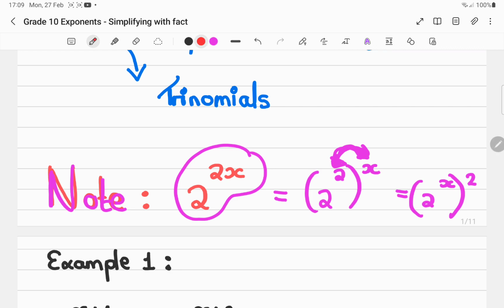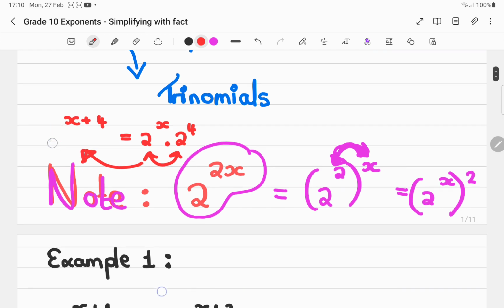The other one that I want you to note is that 2 to the power x plus 4 can also be rewritten as 2 to the power x times 2 to the power 4. We were teaching you all this time up to now to change this and simplify this to that. So 2 to the power x times 2 to the power 4: we keep the same base and add the exponents, because they're not like terms, I can't add them together.